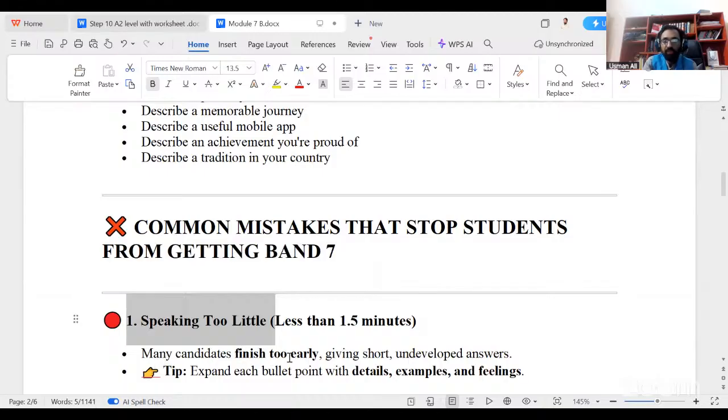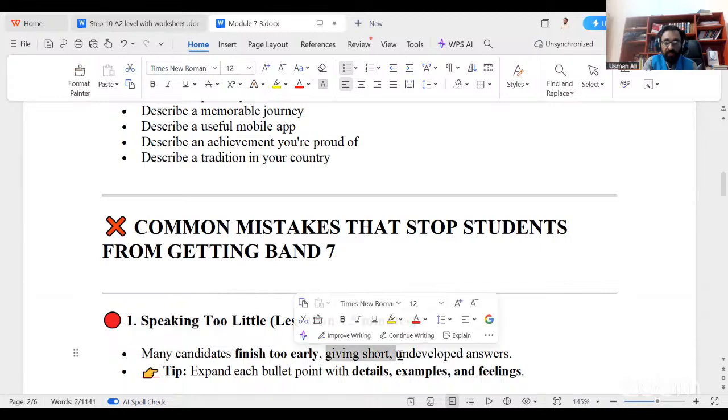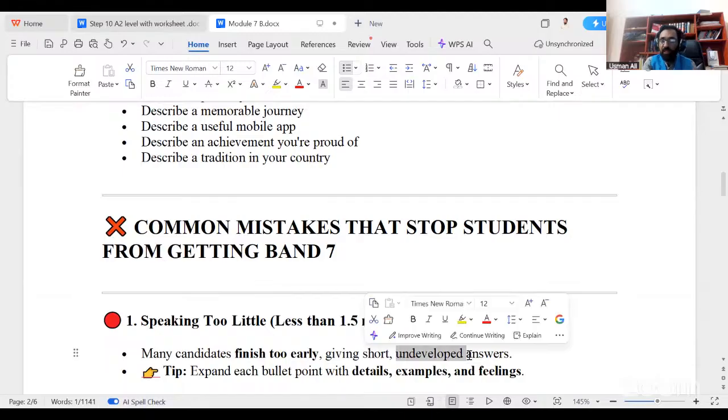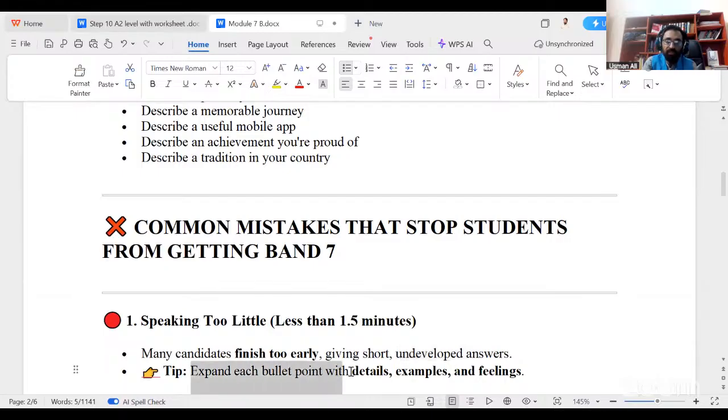Many candidates finish too early, giving short and undeveloped answers. Their answer is finished too early, very short, and underdeveloped. That is, their answer is not fully developed. All right. So, tip: expand each bullet point with details, examples, and feelings.